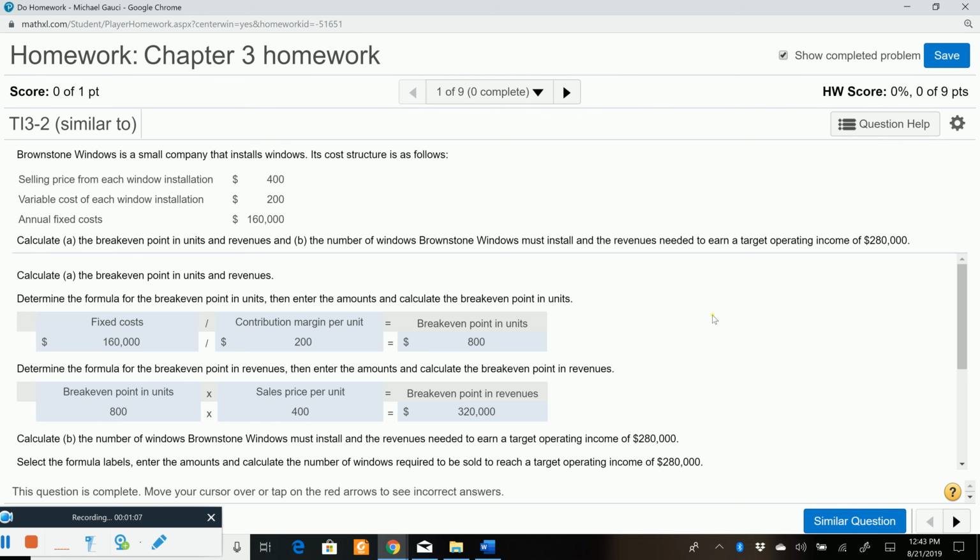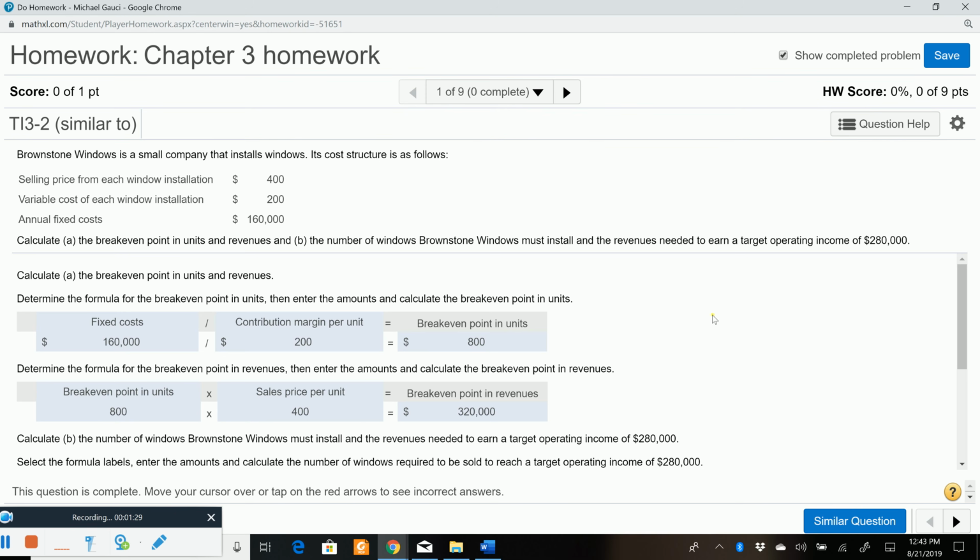And our total fixed cost, regardless of activity, remember that is the main concept of a fixed cost, it remains the same in total, regardless of activity, is $160,000.